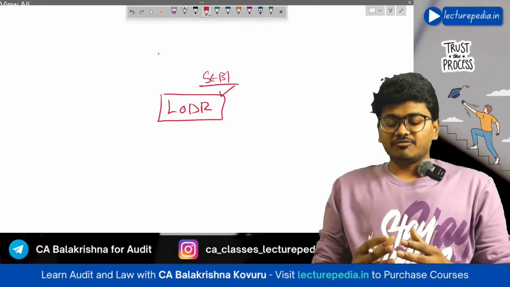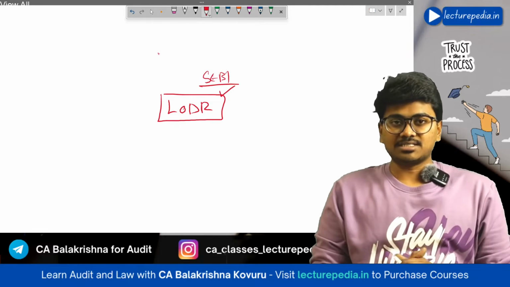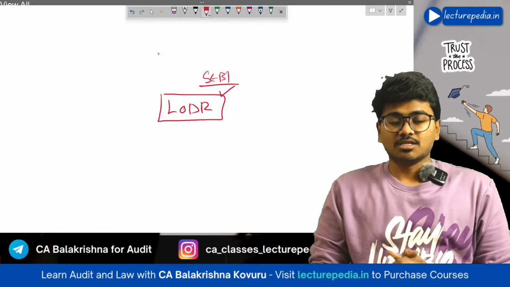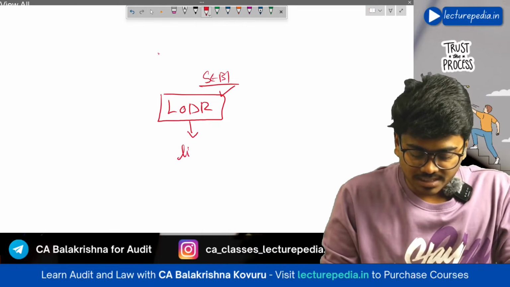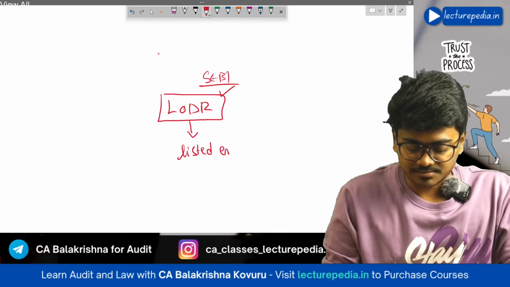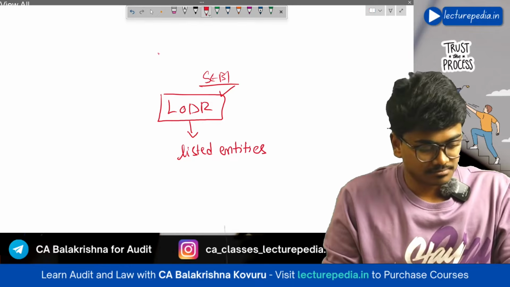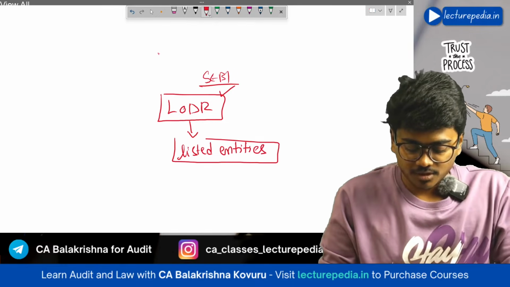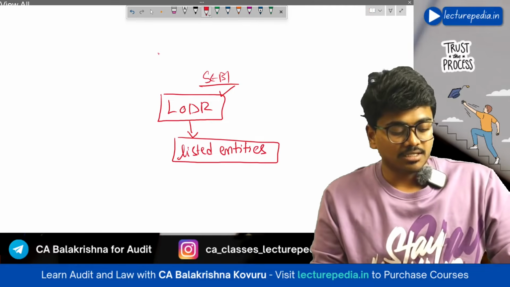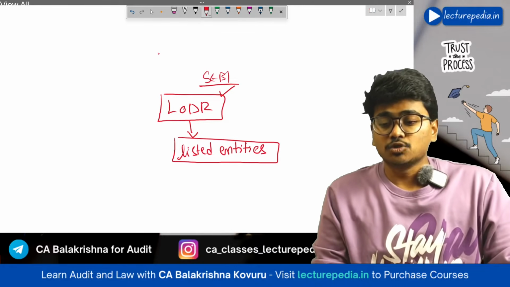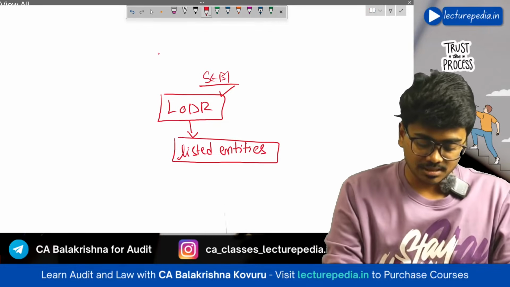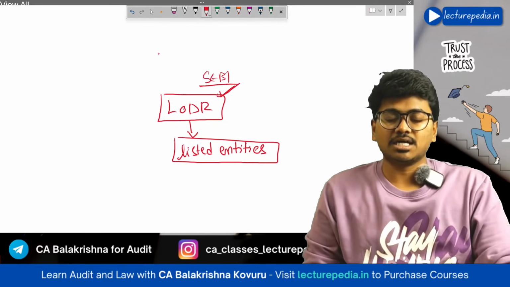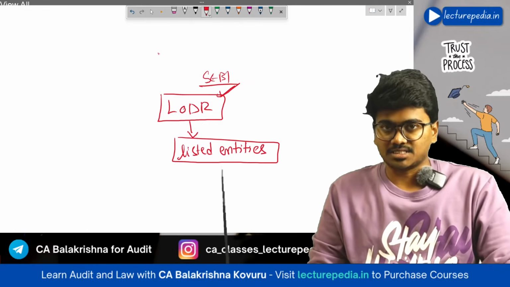Okay, there will be various rules present in these LODR regulations which have to be complied with by all the listed entities. If your company is a listed entity, then you should comply with all the regulations prescribed in these LODR regulations. Hope that is clear.